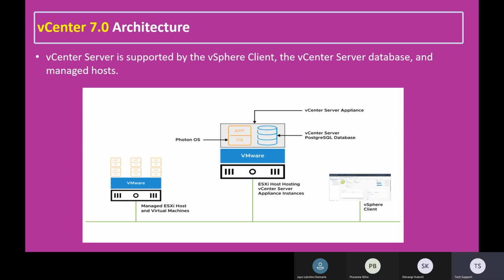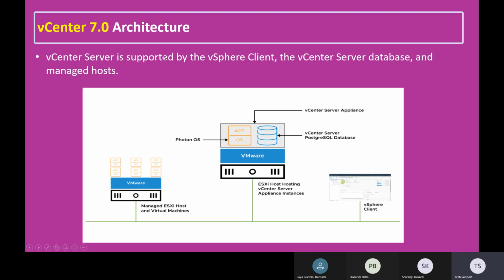If you see the vCenter server architecture, we observe that vCenter server is supported by the vSphere client. In our previous single host level, we said vSphere host client, but in vCenter server, the console looks like a host client, but the name is vSphere client. It's an HTML5 client. So we have a vSphere client and a vCenter server database.